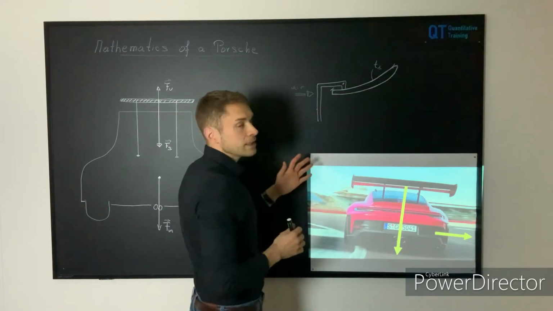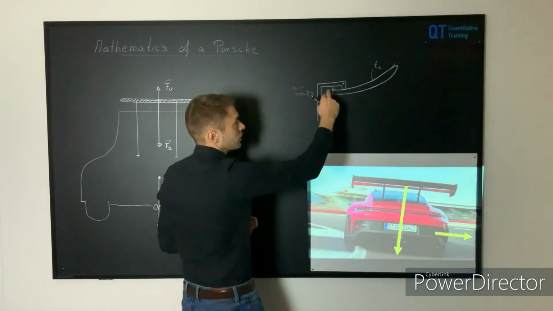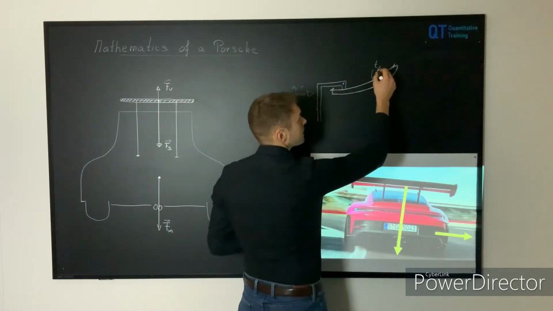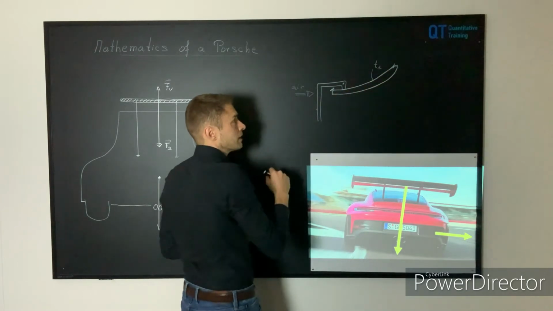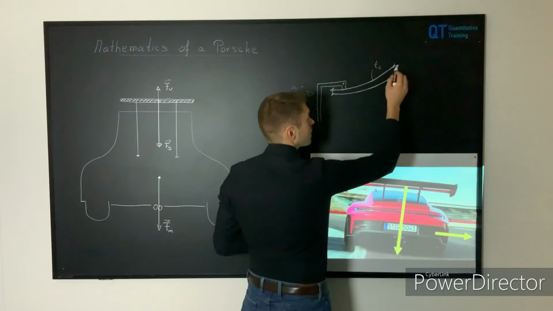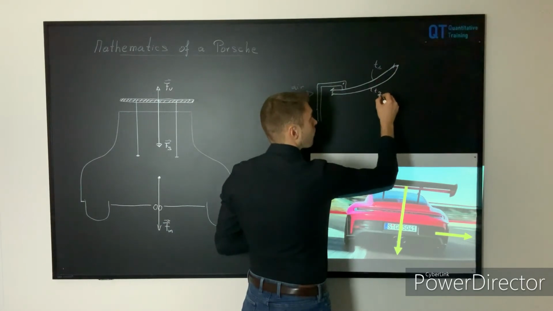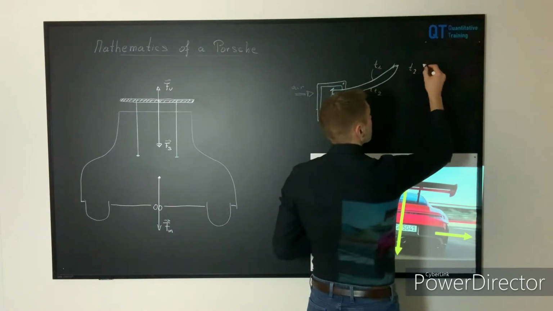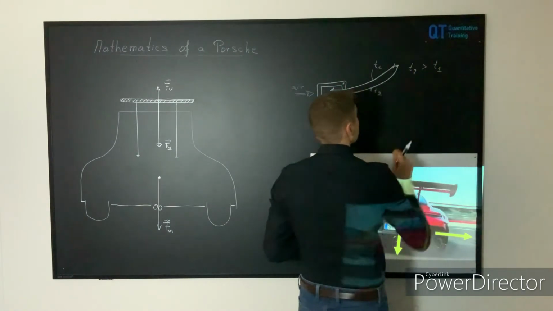What you can see intuitively is that the length of this part here, going from here to here, which we call T1, is actually smaller than the one going from here to here, which we will call T2. So what we have is that T2 is larger than T1.